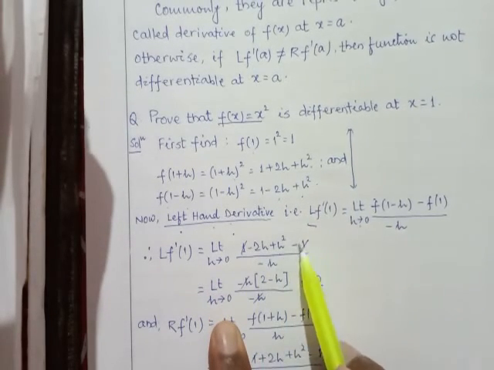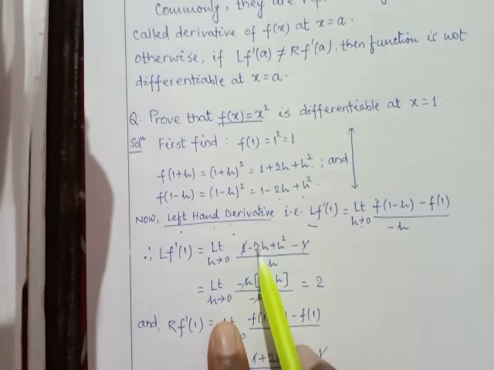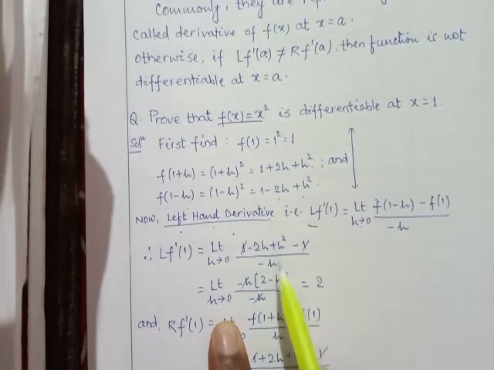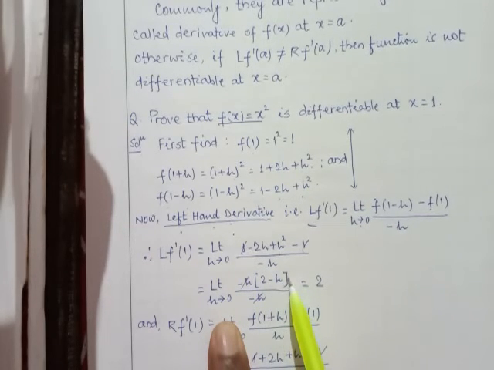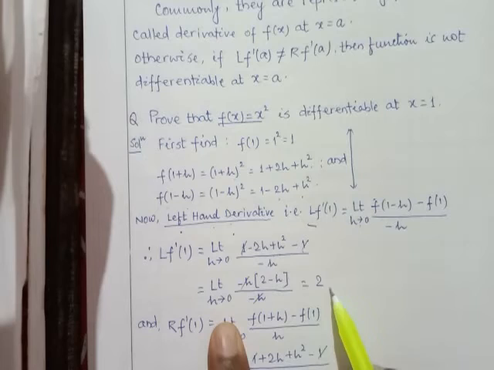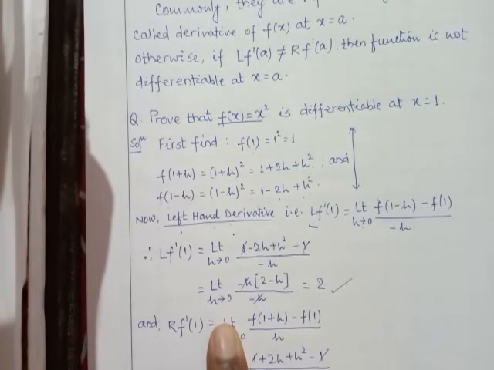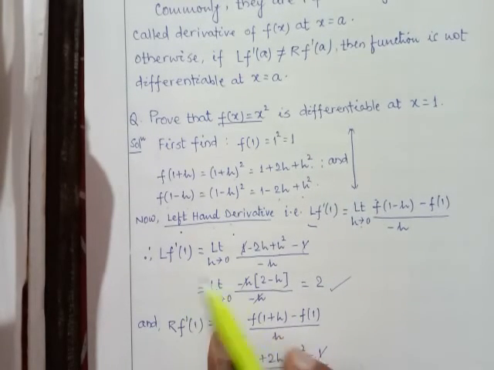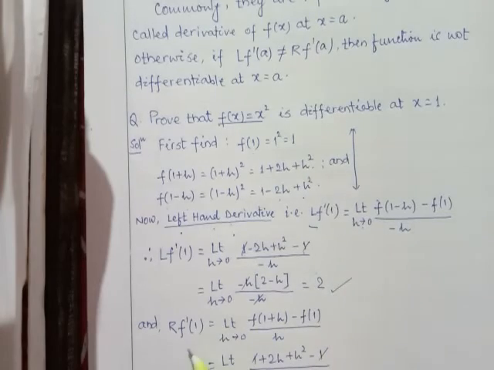Minus 1 and plus 1 cancel, and in the remaining two terms in the numerator take minus h as common, so it reduces to 2 minus h. The minus h and minus h also cancel, and putting h equals 0, it is 2. So this is the value of the left hand derivative.